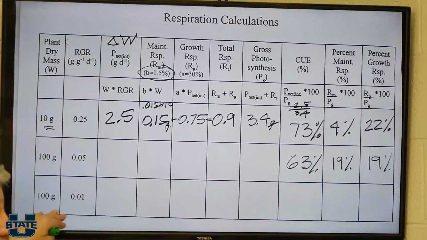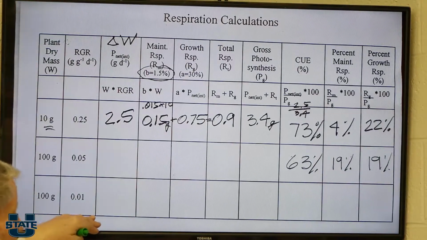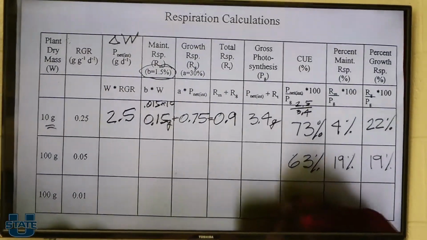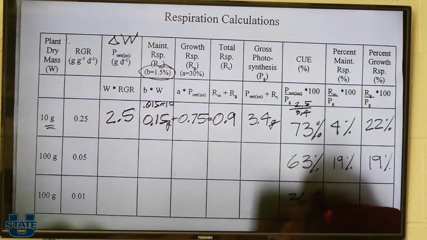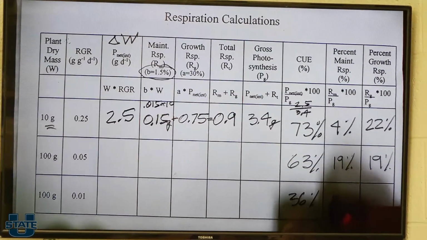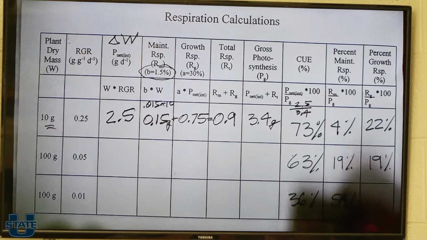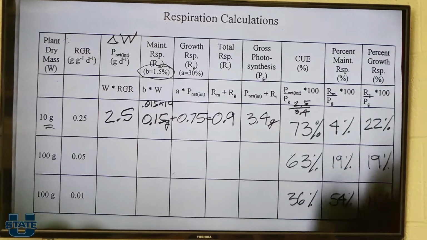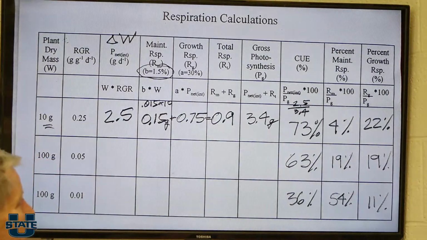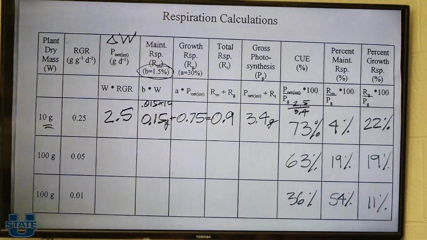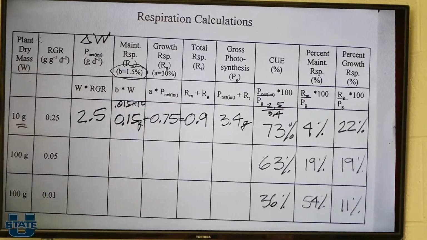And finally, we get to a much bigger plant growing really slow, and the carbon use efficiency drops to 36, but 54% is maintenance and 11% is growth. Boy, you can barely see that on the edge of the screen.